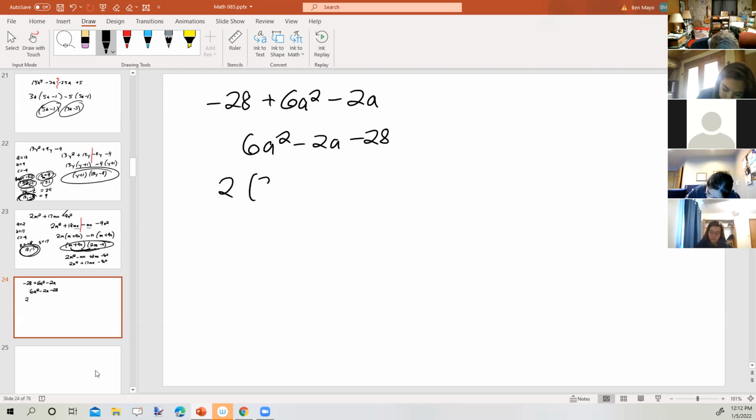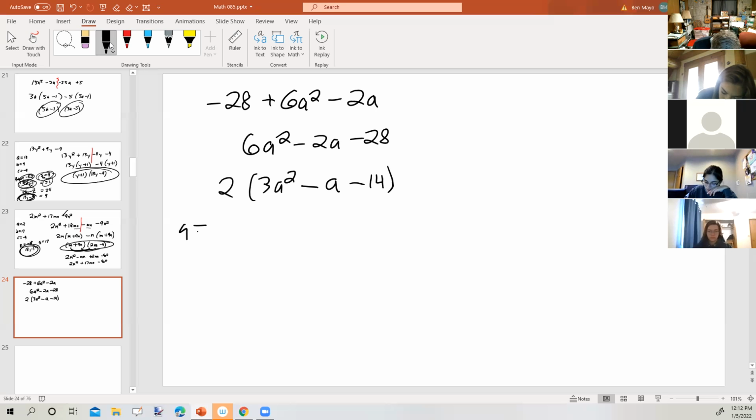So let's take out a 2. So we put it in standard form, took out the greatest common factor. Now we're ready to take the trinomial that's in the parentheses and apply all these things we've been looking at.